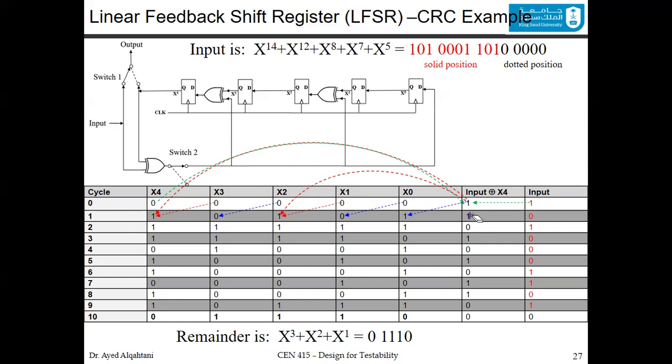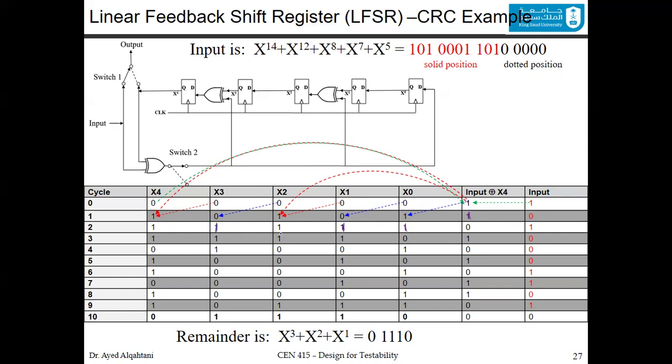You get this value, and now you need to calculate what's in here. What you do is shift the value of this one here. So this will be 1, this will be 1, and this one will also be 1. So the one here will go right there.